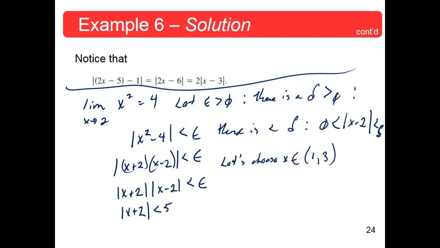You guarantee that because this is an open interval, so x can't be 3 and it can't be 1. Therefore, it's got to be less than 5. Now, if that were the case, we now have two choices for delta.